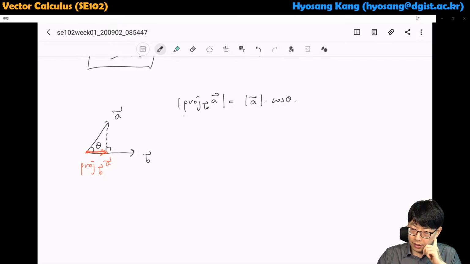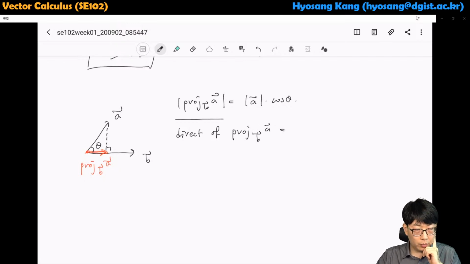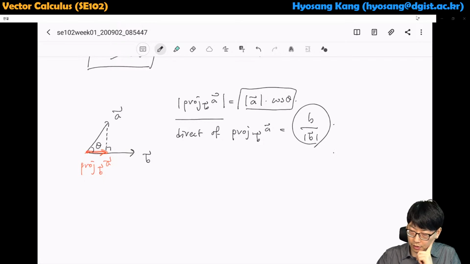So I have the length of the projection vector and the direction of the projection vector. The direction of the projection vector is the normalization of B. So I can just multiply these two. This is a scalar number, and this is the unit vector. So I get the projection of A onto B is the norm of A times cosine theta times B over the norm of B.